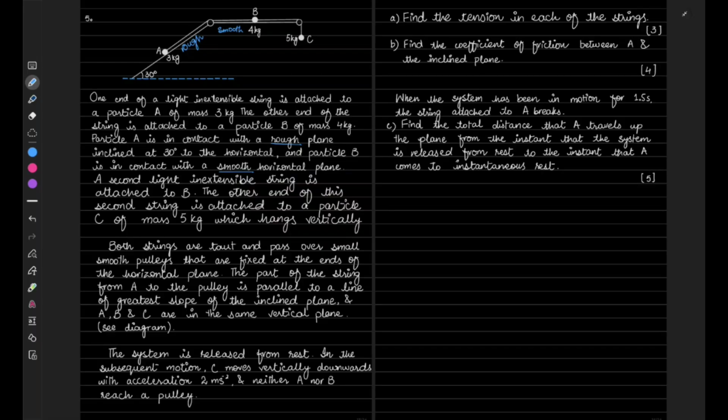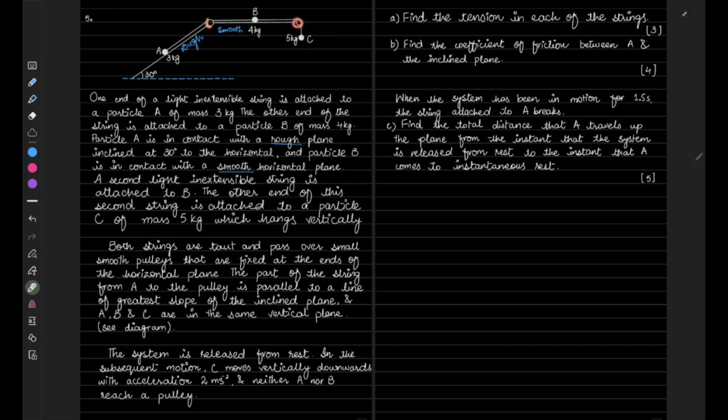Now, the second thing is the other end of this second string is attached to a particle C of mass 5 kg. The same string is moving on another pulley, and it is attached with a particle C, which hangs vertically. Both strings are taut and pass over a small smooth pulley that are fixed at the ends of the horizontal plane.